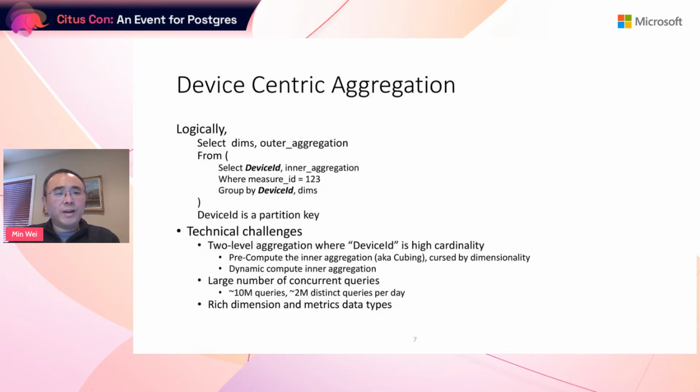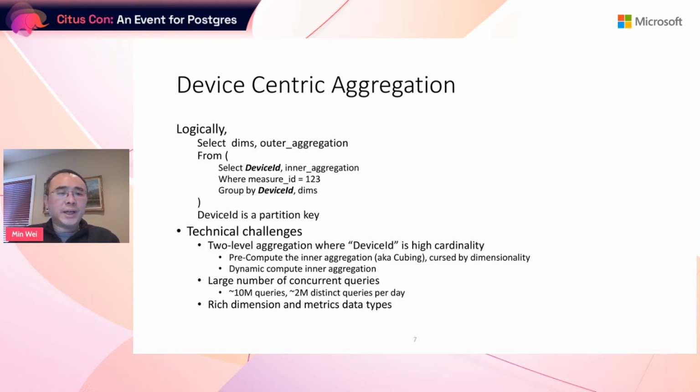So now we have a high-level view of what the measure schema would look like. Let's look at the query part of this. For the query, I shared one query we call device-centric aggregation. This is the bread and butter query for my group.